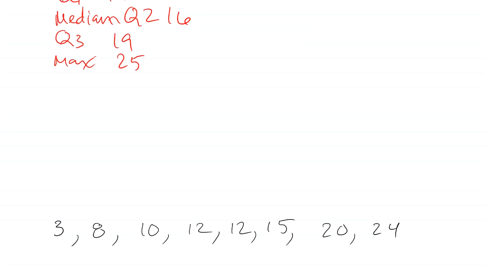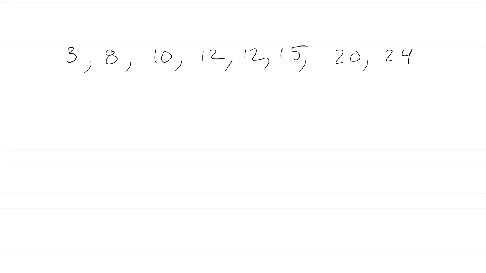I want to look at the case though that you have an even number of values, because a little bit different situation arises. If I look at the middle of this data set, there is no value. I have 4 values above and 4 values below. To find Q2, I take the 2 values that sit together in the middle and find their average.